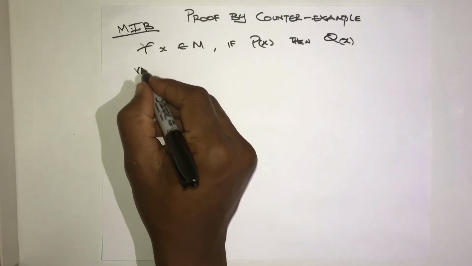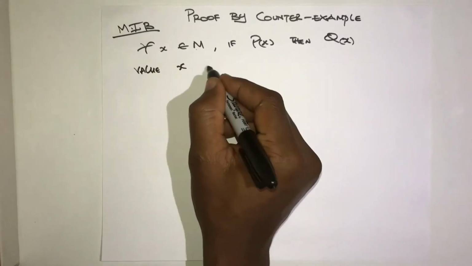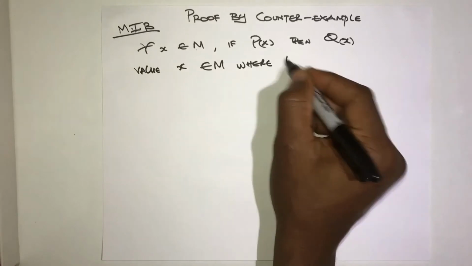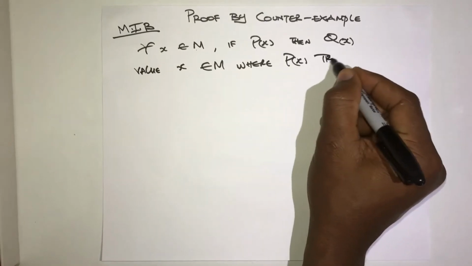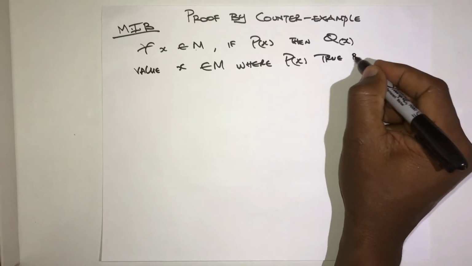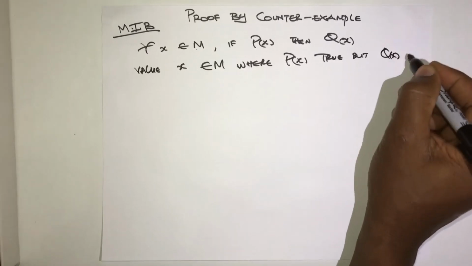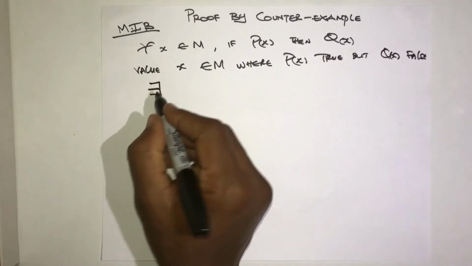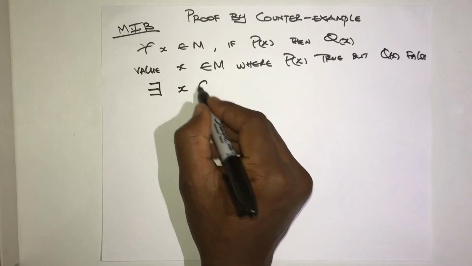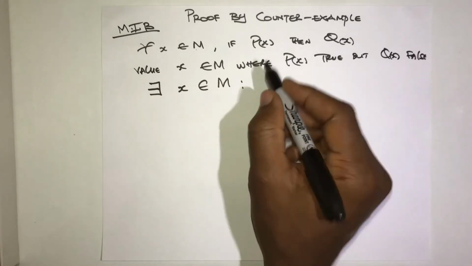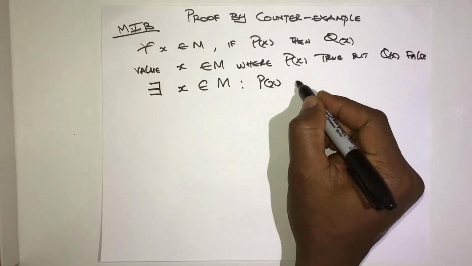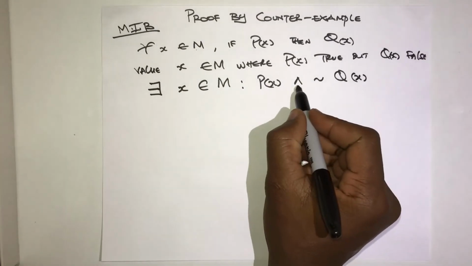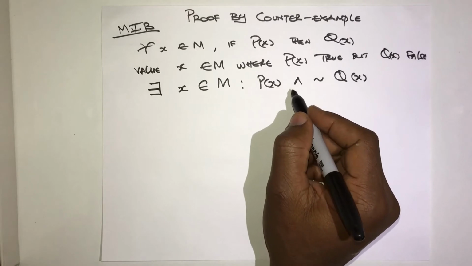There must be a value of x, which is an element of M, where P of x is true, but Q of x is false. So, hence, there must exist a value x which is an element of M, such that P of x and not Q of x. Now, this is the symbol for and in reasoning and logic.